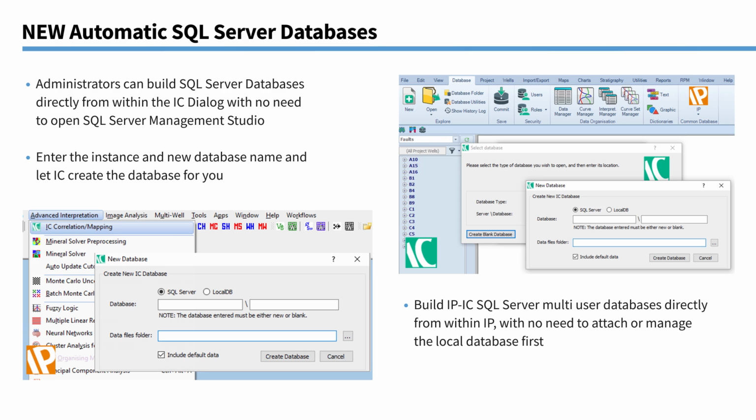So we've started to streamline the process of creating your databases now as part of that, and users now have the ability to create the new database name directly within the IC interface instead of having to go to the management studio first and create it there. And I'll show you how easy that is to do in a moment.